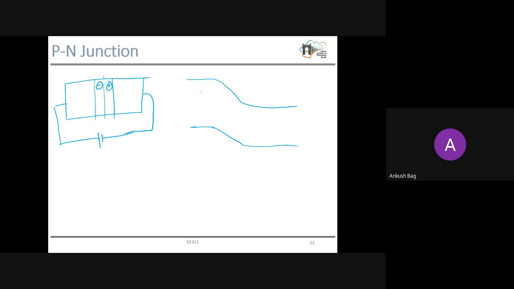So there will be no constant Fermi level. Now the Fermi level will split. So in terms of carrier flow, the diffusion or drift, we have now applied forward bias.